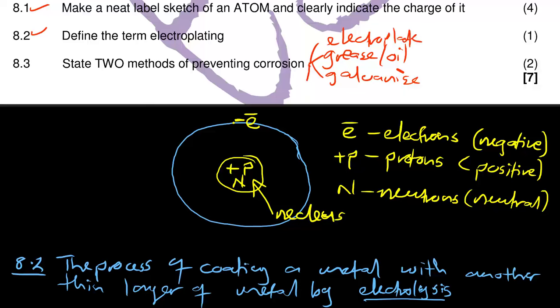So you can electroplate, you can grease or oil, you can galvanize, and you can paint. That's another one that we said. This is 7 marks. That's how you can secure all your marks whenever it comes to this section.